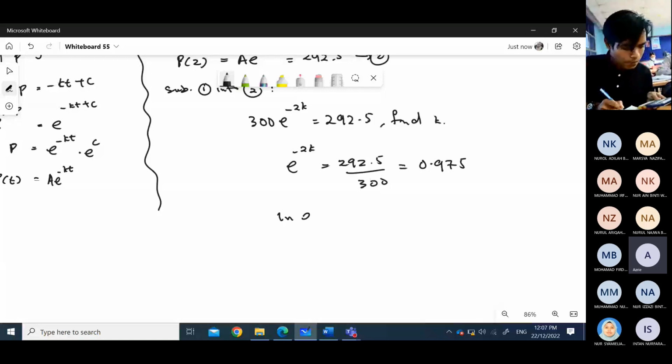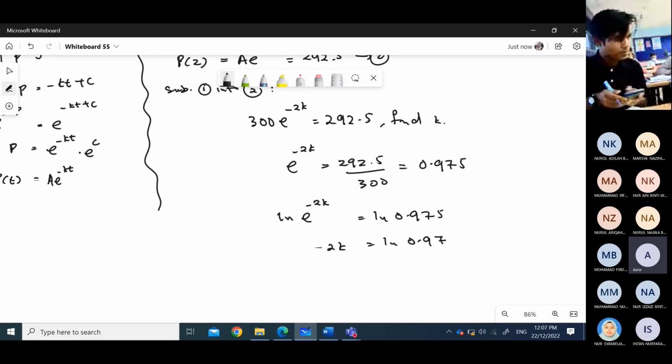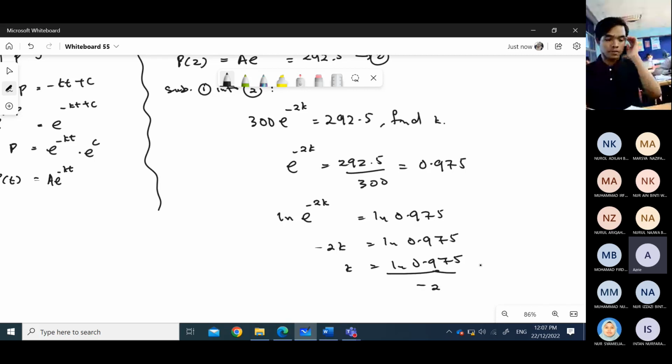Kita ambil natural log. So here we have negative 2K equivalent with natural log 0.975. So our K here is natural log 0.975 over negative 2. So K is 0.0127.